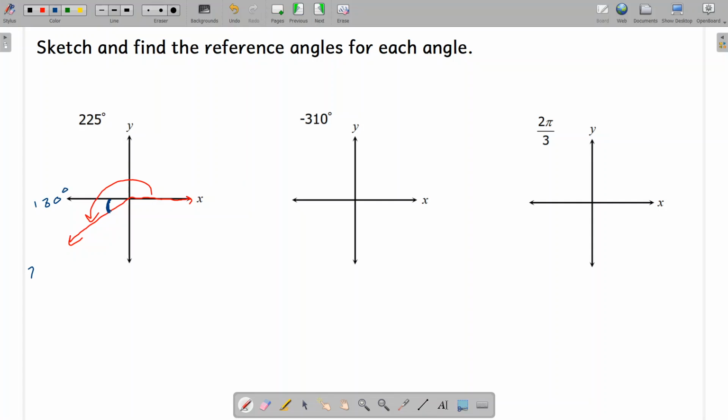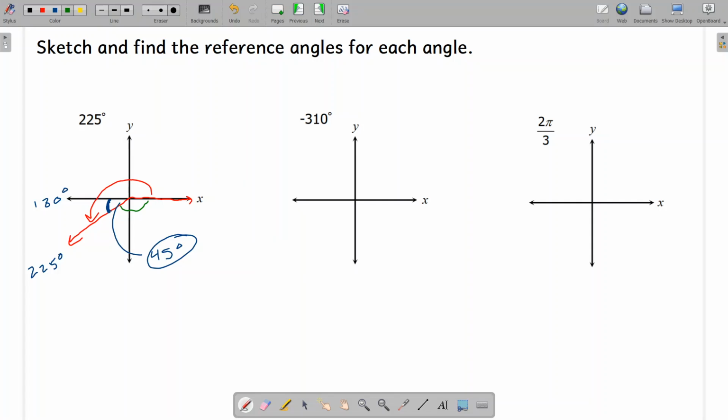We went all the way out to 225 degrees, so that must mean that that reference angle is 45 degrees. Okay, it's just the distance from the terminal side back to the x-axis, the nearest x-axis. Notice I'm not measuring from here to here because that would give me an obtuse angle, and I need it to be positive and acute.